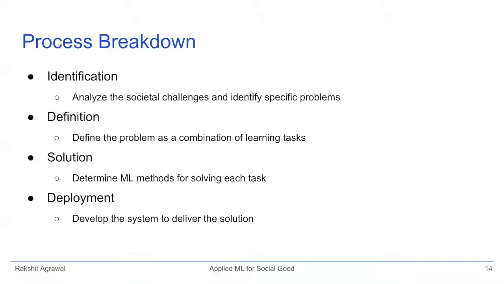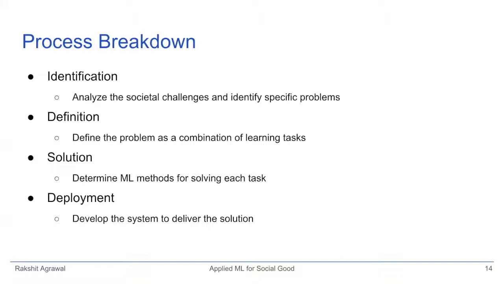So identifying that particular space is the first and foremost thing, because it's a wide space. And then defining it as a concrete problem where you have tasks which can be understood in computer science language. That yes, I have a task, I can write a solution for it, right? So defining the problem into maybe multiple tasks, maybe one big task, but structuring it down finally.